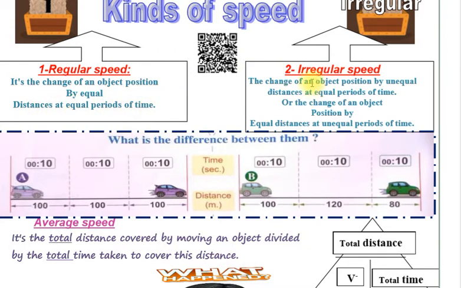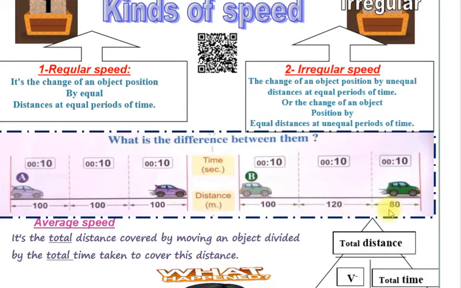What about the irregular speed? Of course, the object changes its position, but in this case by unequal distances. We have this car B that moves 100 meters. The 100 meters is considered the first distance, and then it moves 120 meters.